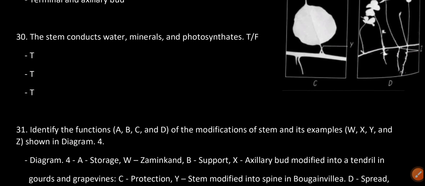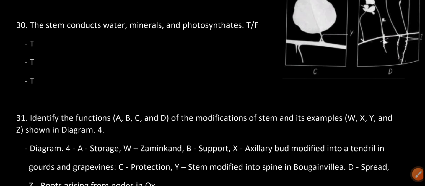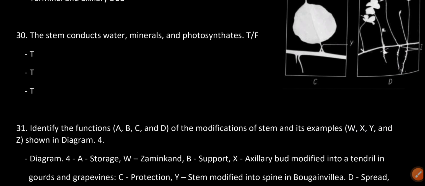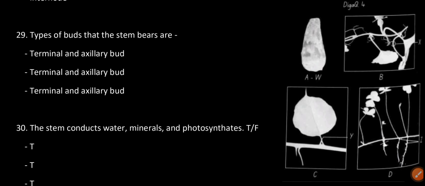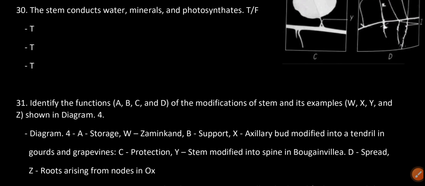In diagram 4, A is storage, W is Zamin Kand. B is support. X is axillary bud modified into a tendril in gourds and grapevines.